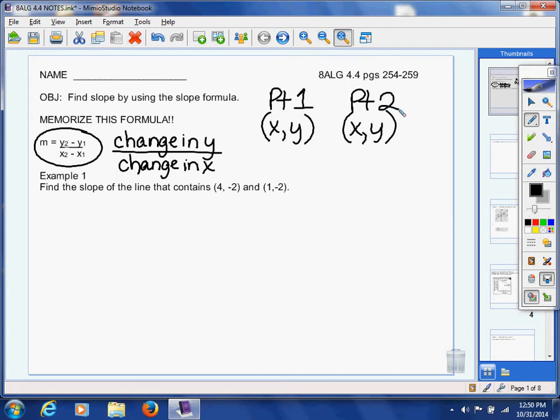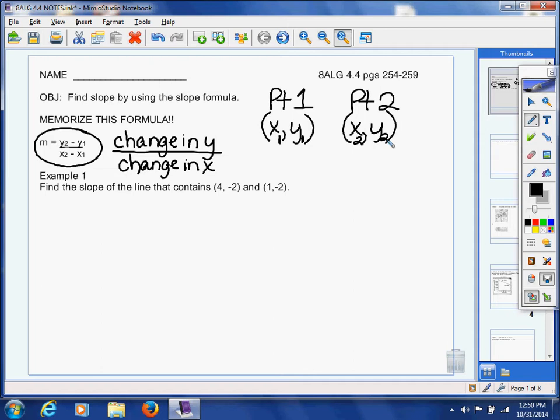That's where the sub numbers come from. You are saying that x sub 1, y sub 1 is point 1 and x sub 2, y sub 2 is point 2. That's all those numbers mean. They just distinguish one point from another. Because to use this formula, you need 2 points in order to plug into the slope formula and calculate slope.